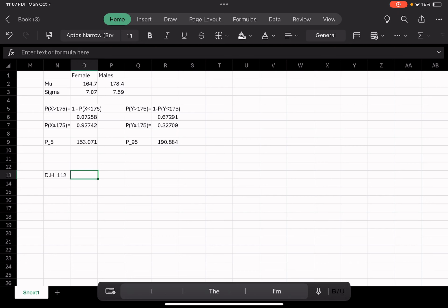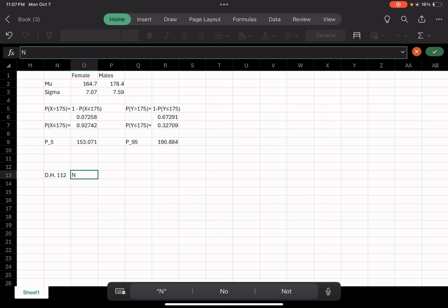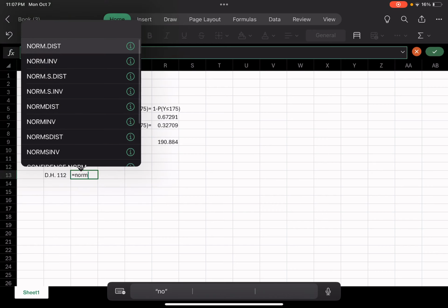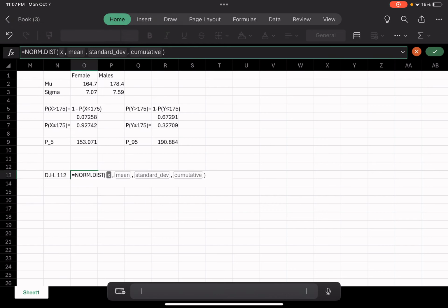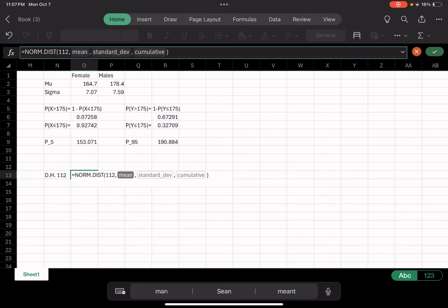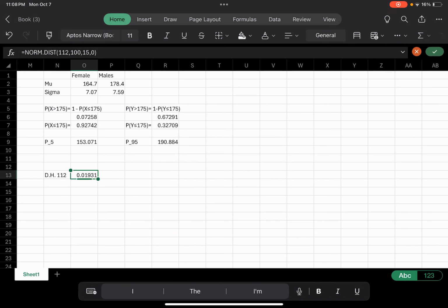So Denver Honeycutt, what percentile is he in? Well, this is going to be equals norm dot dist 112 times the mean, and the mean is 100. Standard deviation is 15. The cumulative is 0. And the cumulative should be 1. I made a mistake.